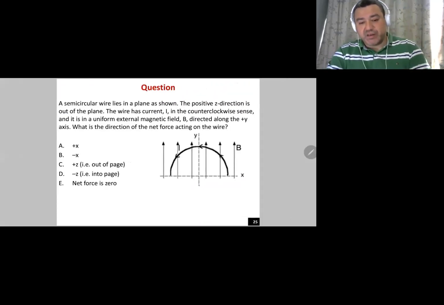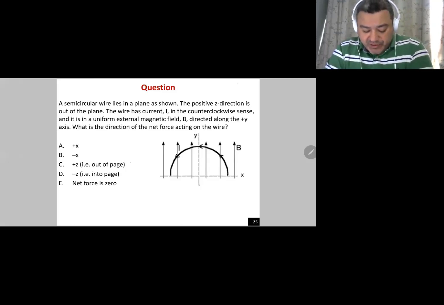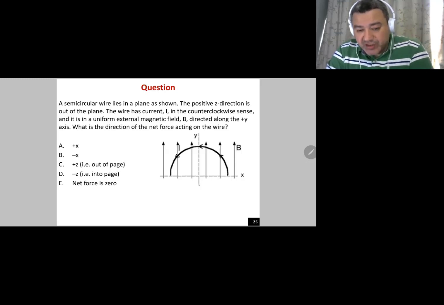Now let's look at this question. In this question, we are asked to find the direction of the net force applied on this semicircular wire that lies in the XY plane. And we should be able, by inspection, if we understand the equation of the magnetic force, to get an idea about what direction of the magnetic force should be applied on this semicircular shape.